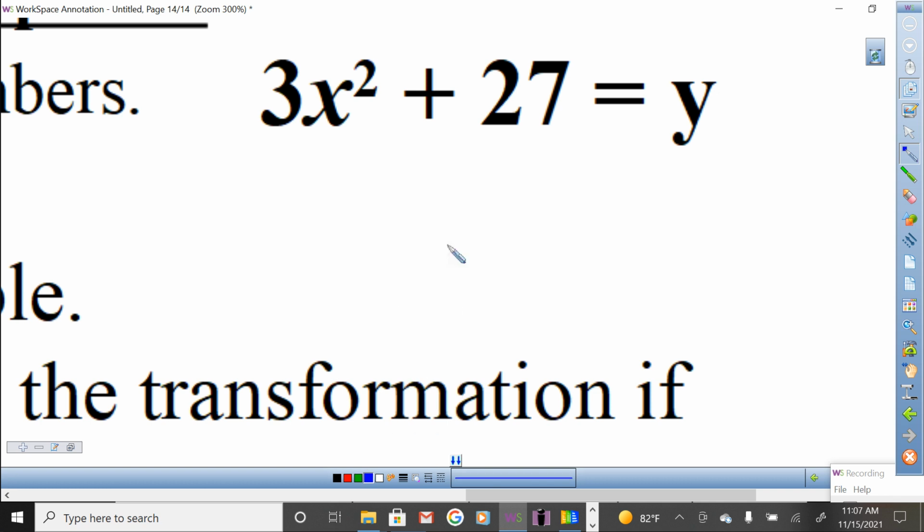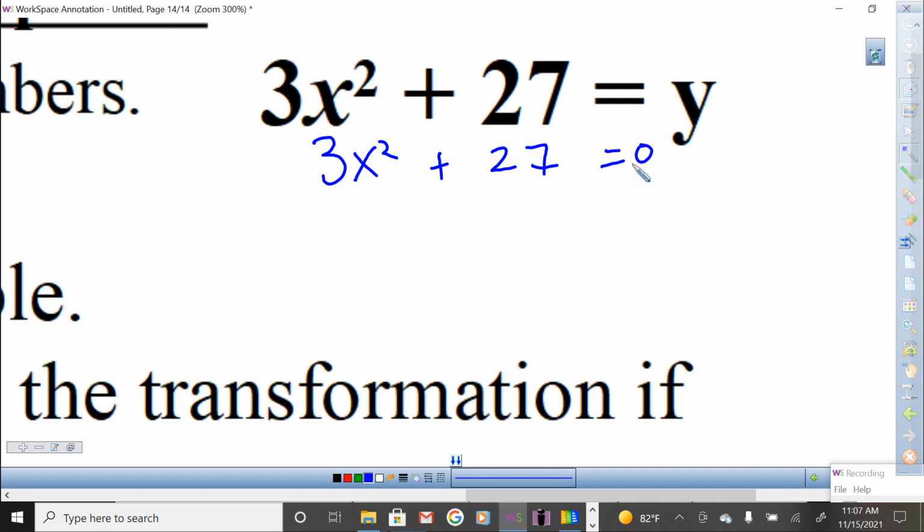Alright, so hopefully on this one, out of the 5 methods, which is the easiest to use? Square roots, yes? So we set it equal to 0: 3x squared plus 27 equals 0. Then we subtract 27 from each side, so we end up with 3x squared equals -27.